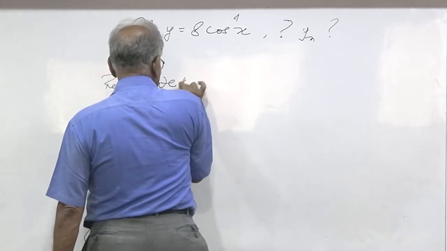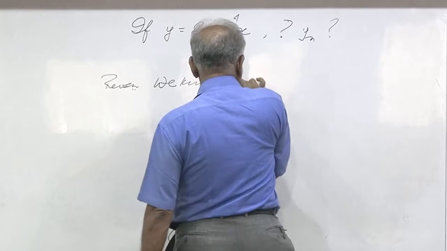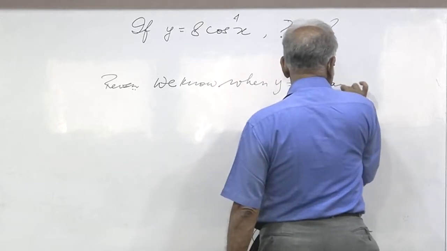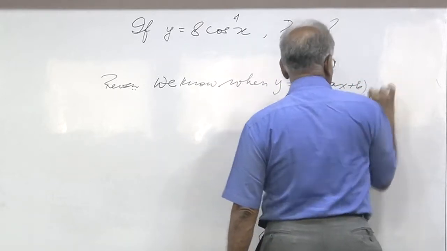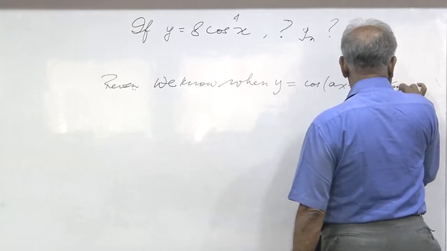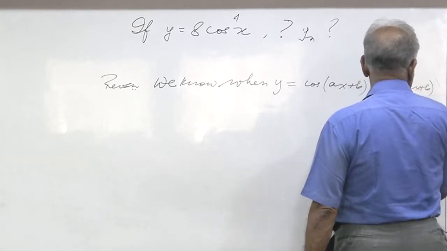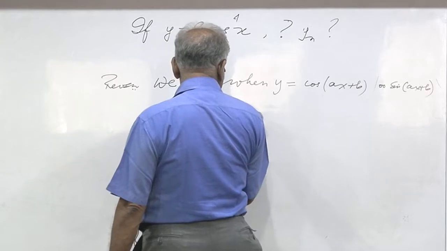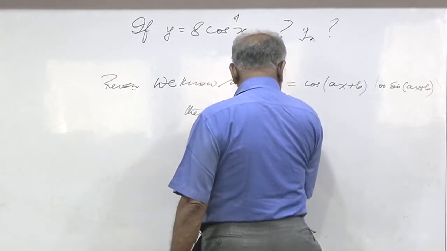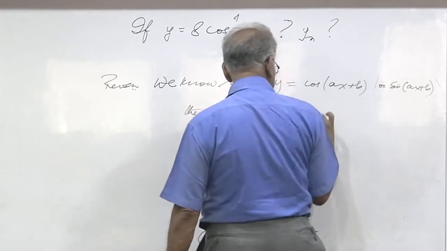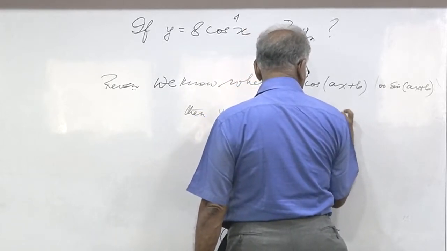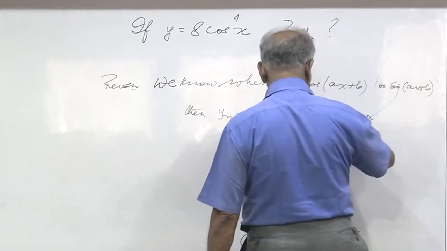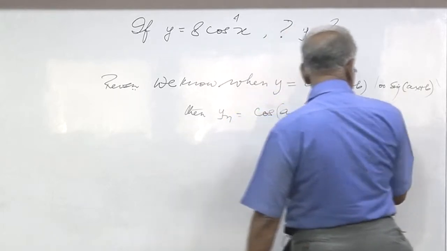We write that we know when y is equal to cos ax plus b or sine of ax plus b, then the expression for y sub n is very simple, is cos ax plus b plus n pi by 2, or same argument, and for sine it should be sine.